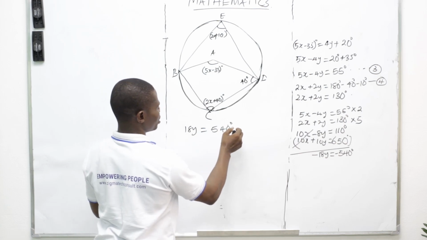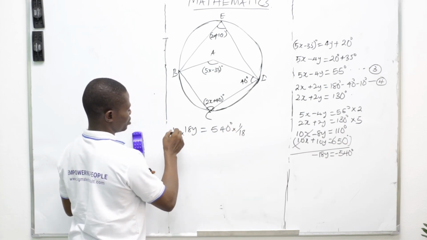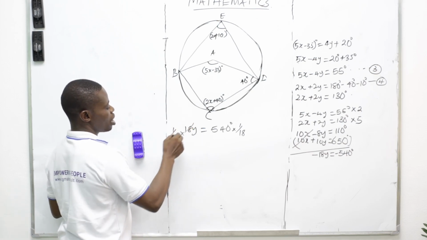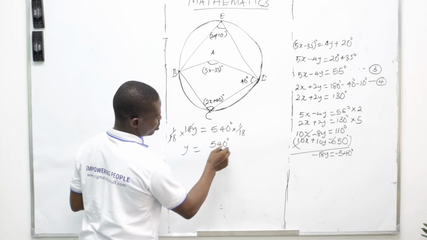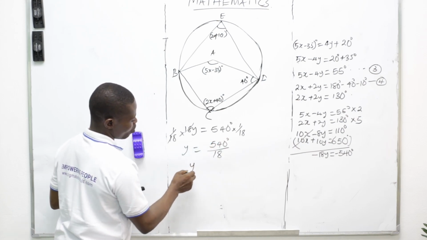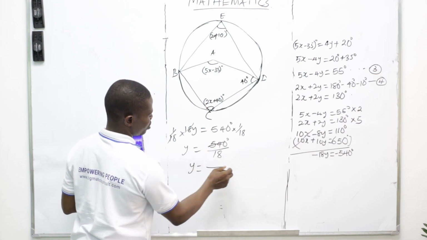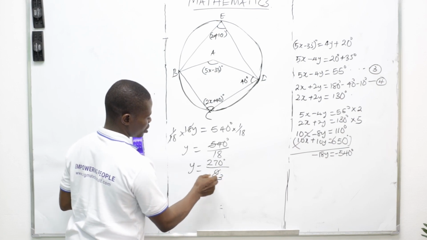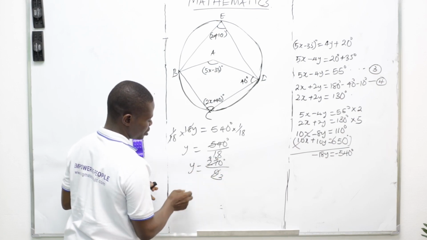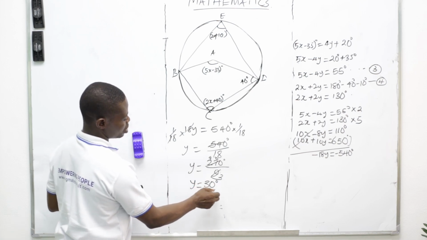Multiplying both sides by 1 over 18, we'll have that y equals 540 degrees over 18. 2 here, 9, 2 here, this is 2, 270. 3 here, 3, 3 here is 9, that's 90. y equals what? 30 degrees.